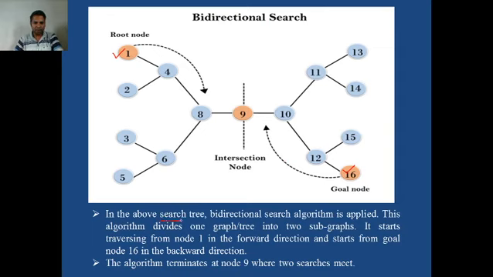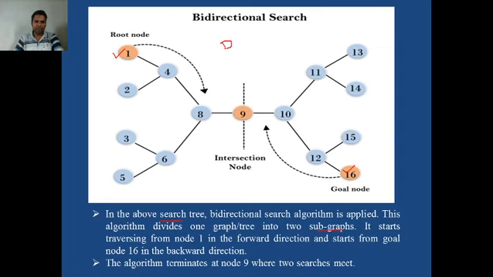In the above search tree, the bidirectional search algorithm is applied. This algorithm divides the search tree into two subgraphs or subtrees. It starts traversing from node 1 in the forward direction and from goal 16 in the backward direction. The algorithm terminates at node 9 where the two searches meet.